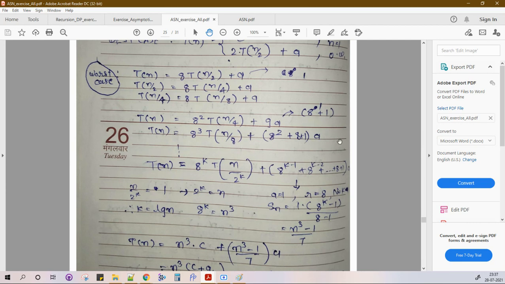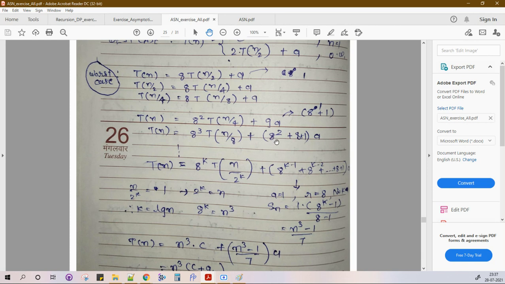So if I want to generalize it, what would be the step? At third step, I am having 8 cube. So at kth step, I am having 8 to the power k. At third step, 8 is 2 to the power 3, so at k step, I am having 2 to the power k. At step number 3, I am starting from power of 2.